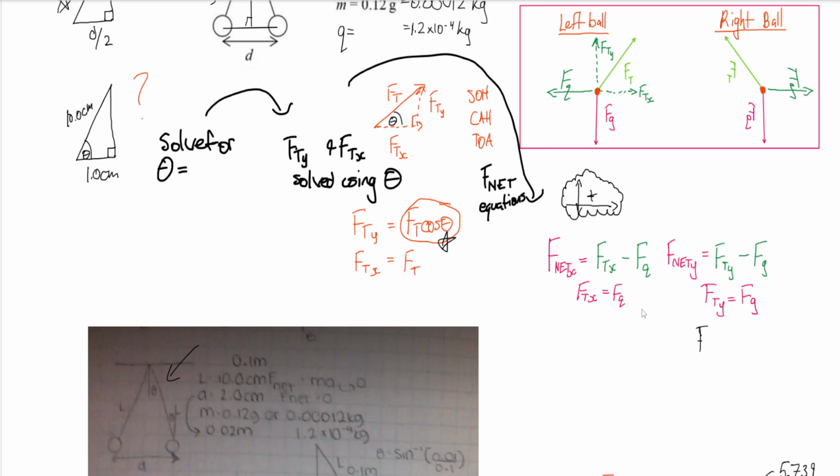So you said this was FT cos theta is equal to FG, and so FT is equal to FG over cos theta. Love it. I agree with you. And then what? Beautiful. Okay.